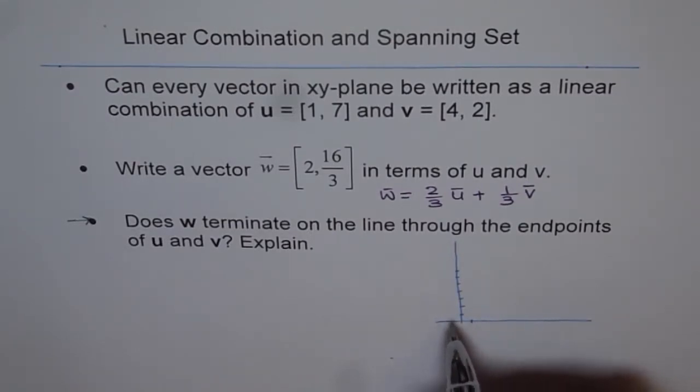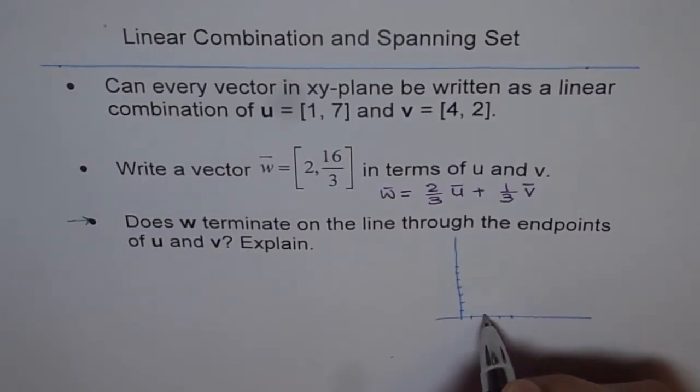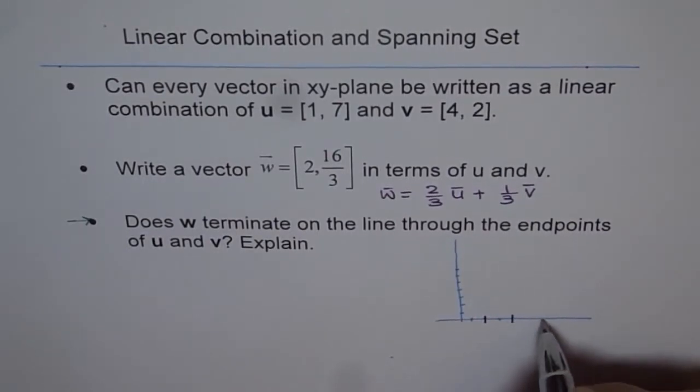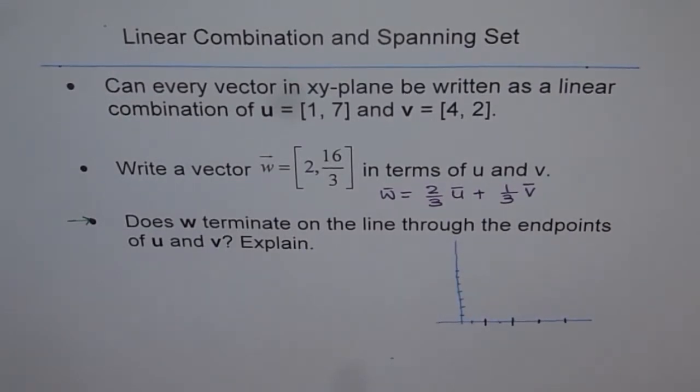Okay, let's do 1, 2, 3, 4. Okay, that is kind of short. So I'll make a bigger scale for the horizontal. That means I'll take this as 1, 2, 3, and 4. You can see different scales for the two axes.